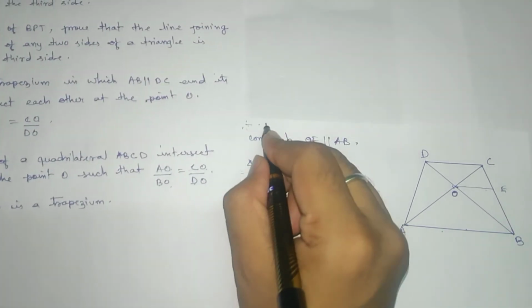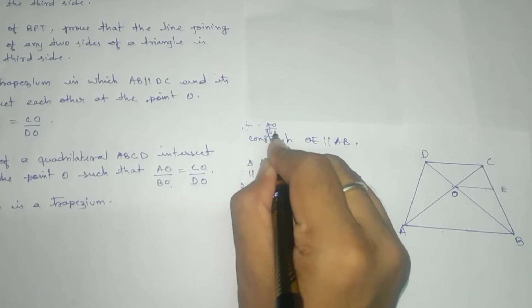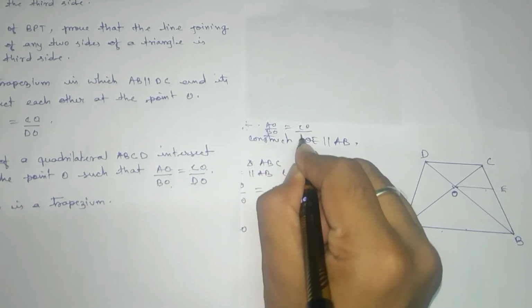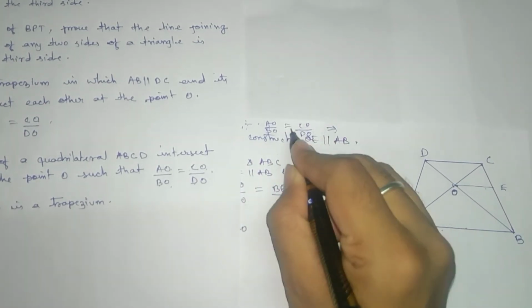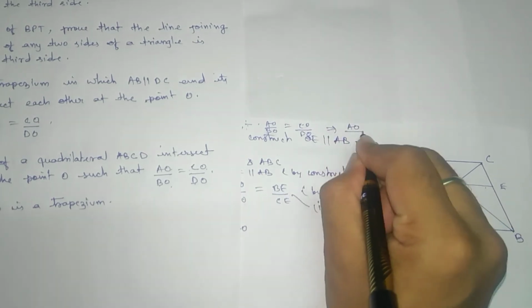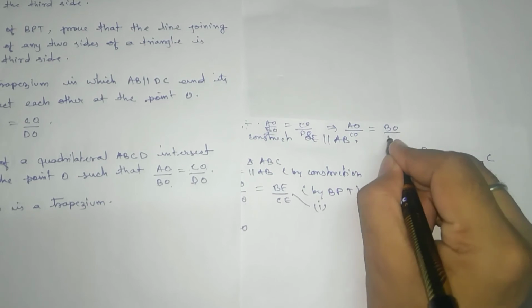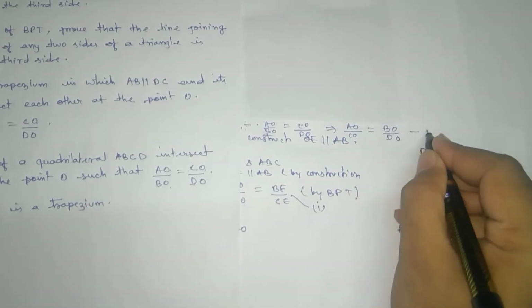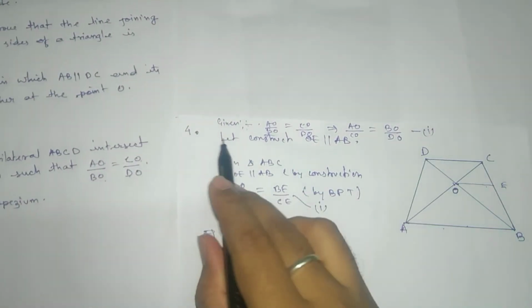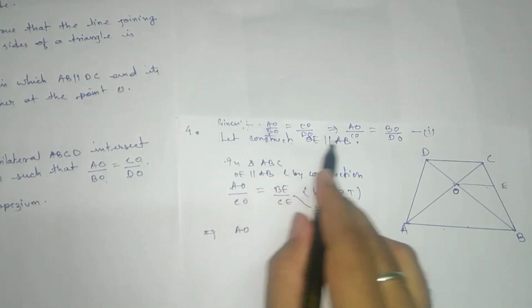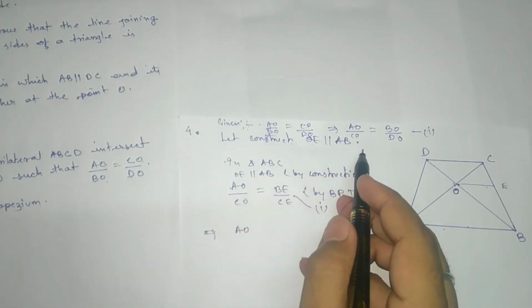So we'll write here AO by BO equals to CO by DO. This implies, cross multiply, AO by CO equals to BO by DO, and right here this is number 1. And then you write construction. Let construct OE parallel to AB.